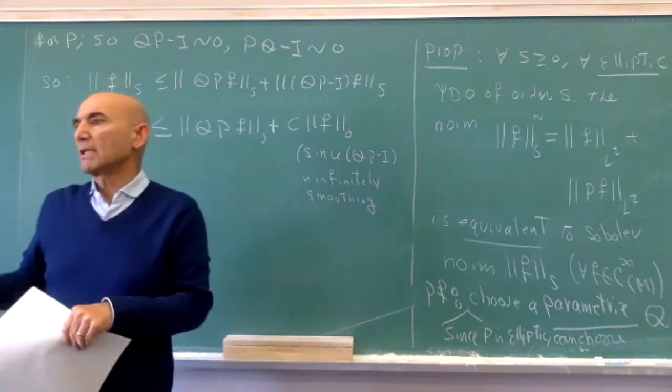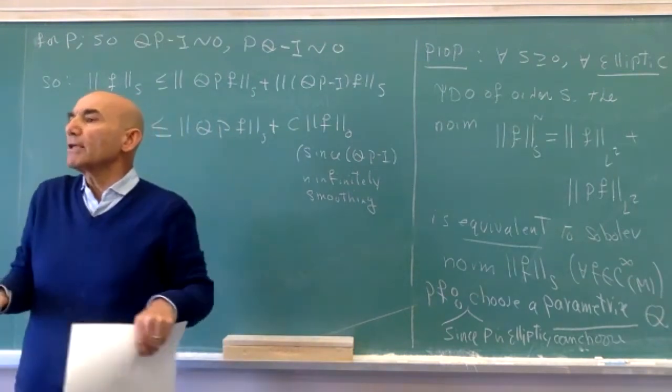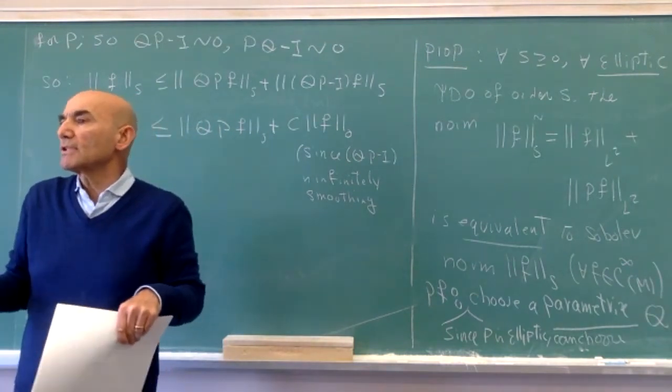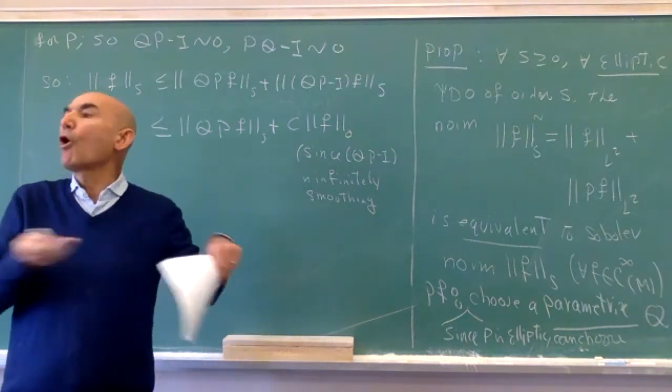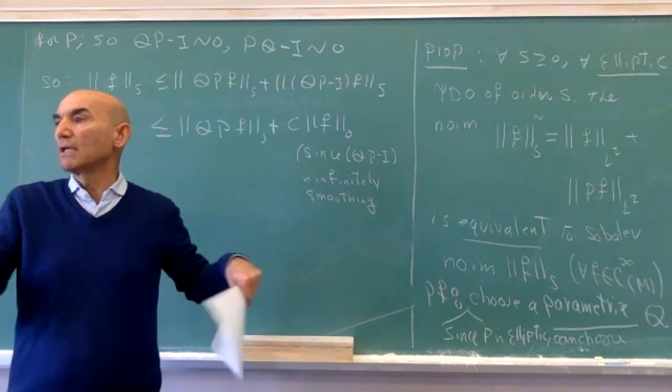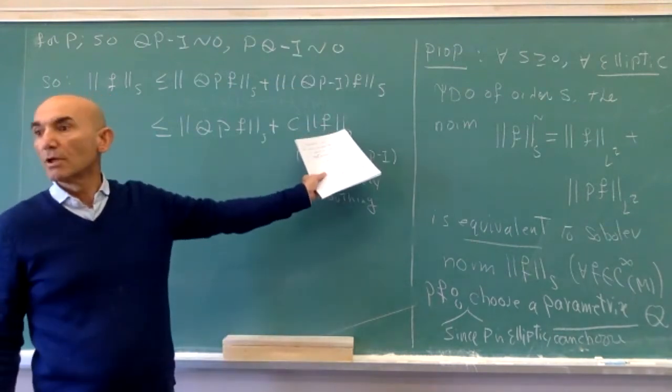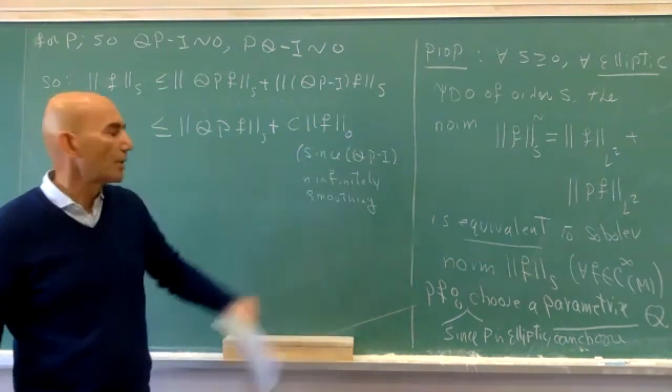So its order essentially is minus infinity. So what does it do? It sends HS to HS minus M for all M, even negative. And then from this it follows that this inequality is true. You should think about it, right?